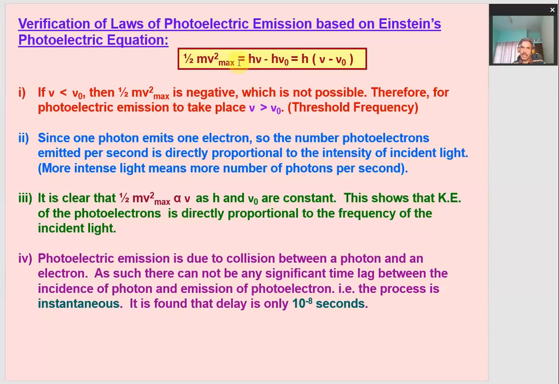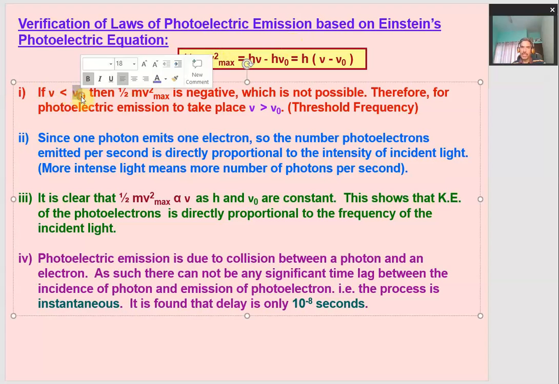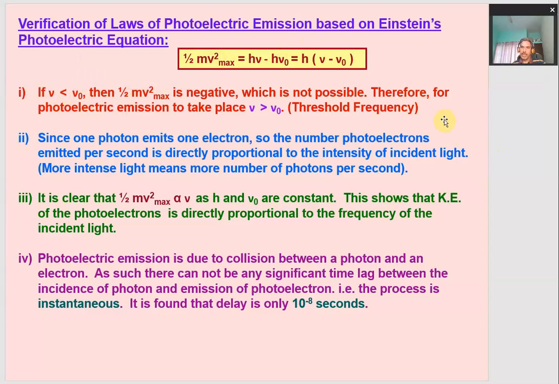In that case, the kinetic energy of the electron will come out to be negative, which does not exist. A negative energy has no existence. So from Einstein's photoelectric equation, it is clear that for frequency less than the threshold frequency, the minimum frequency, there is no emission, because the energy comes out to be negative, which is an impossible case.